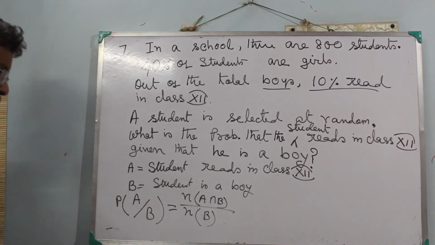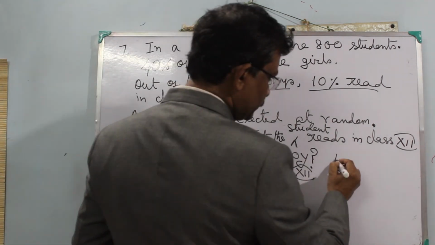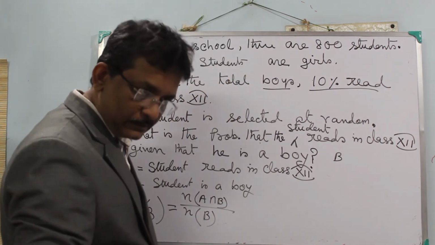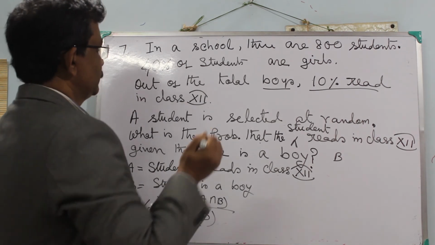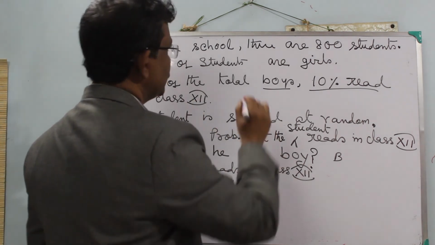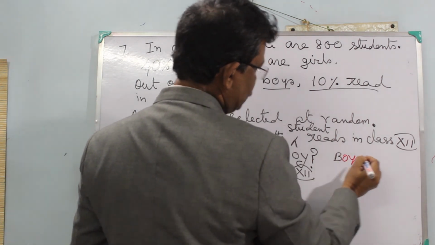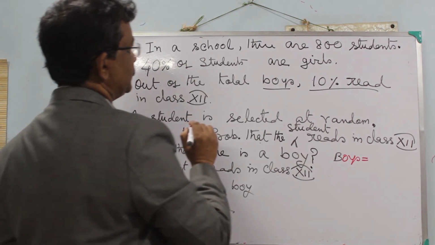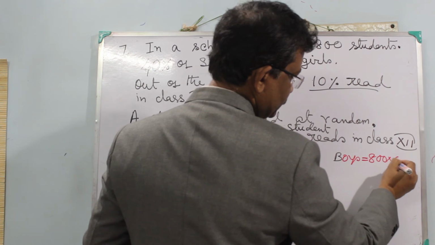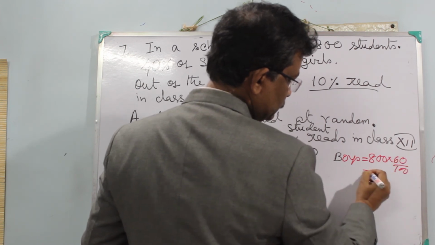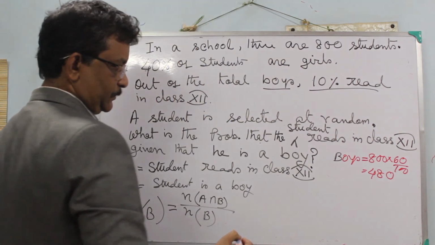So let us calculate one by one. What is the total number of boys? There are 800 students in total. Girls 40%, so 60% are boys. So number of boys equals 60% of 800. So 800 into 60%, 480 is the number of boys.